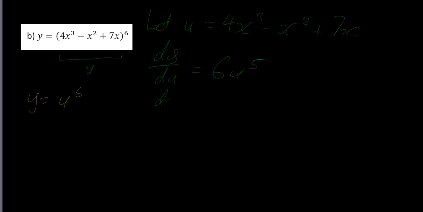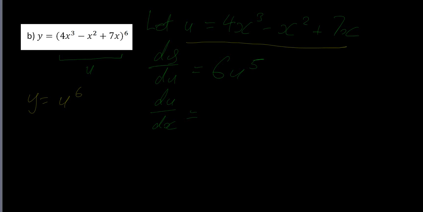Okay, we also need du dx. So we look at the top over here and we think, okay, what's the derivative of u with respect to x? Now work at this one term at a time.